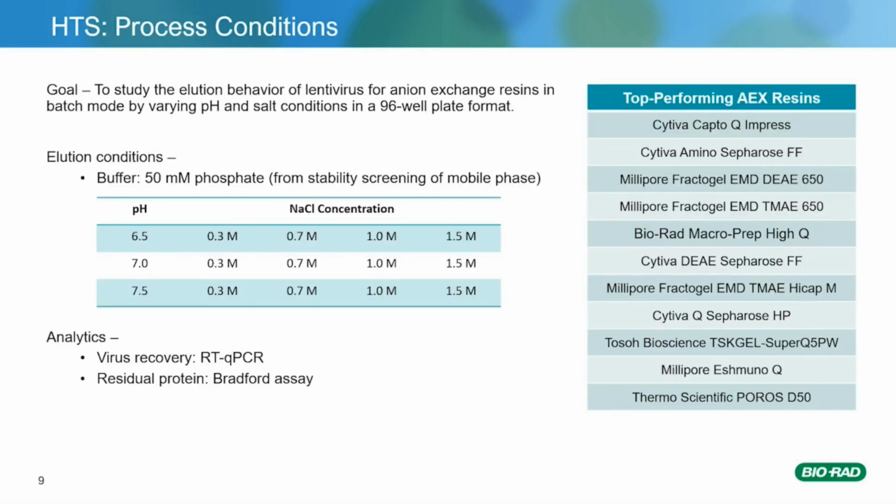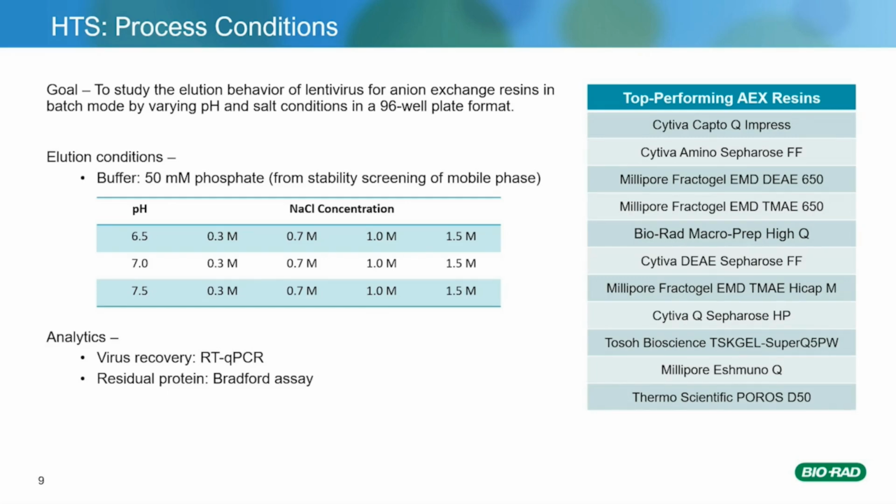The process condition screening was carried out in a 96 well plate with the enlisted chromatographic adsorbents, which showed promising lentiviral vector recovery from the broad screen. The elution conditions were evaluated by varying the pH and salt concentrations.